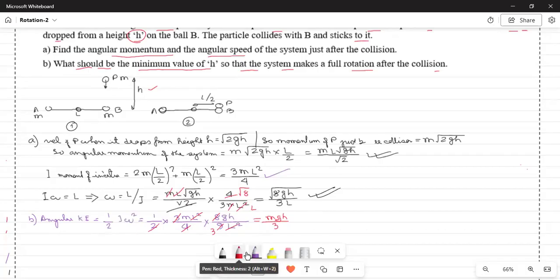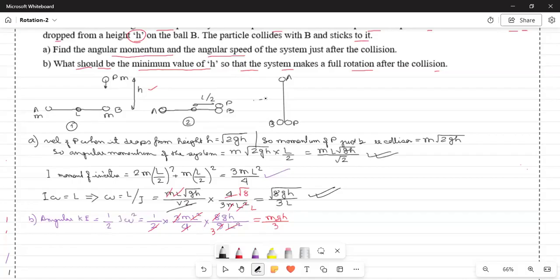Now the interesting part starts. Look at the system. Does it need a kinetic energy to make a 90-degree rotation? That means when A comes upward, B and P are here.